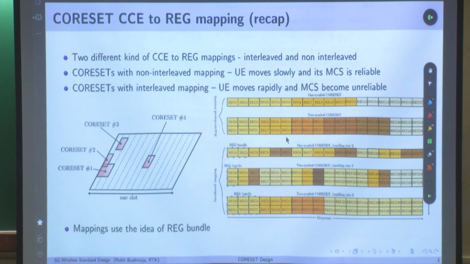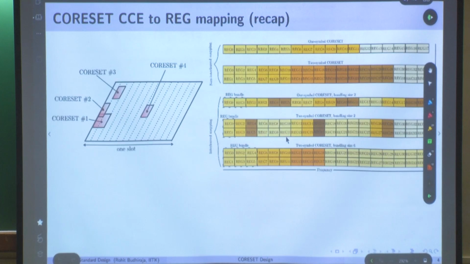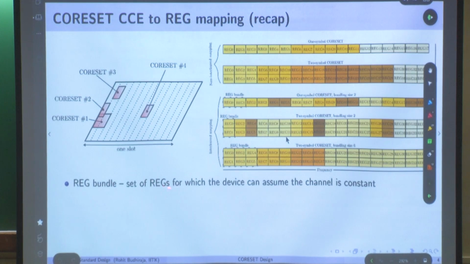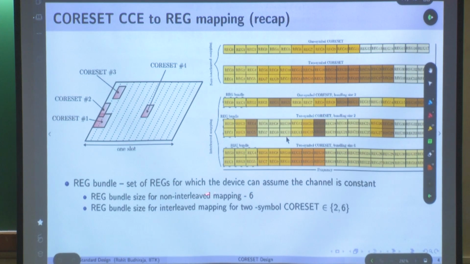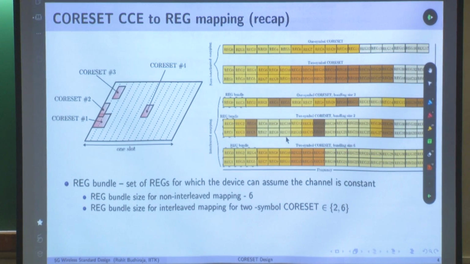The mapping uses the idea of a REG bundle, a set of REGs for which the device can assume the channel is constant. The REG bundle size for non-interleaved mapping is 6. For interleaved mapping, if it is a 2 symbol CORESET, it is either 2 or 6.